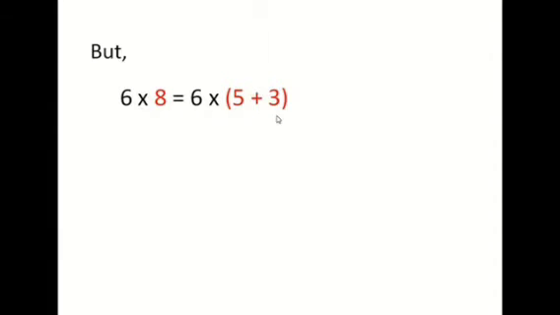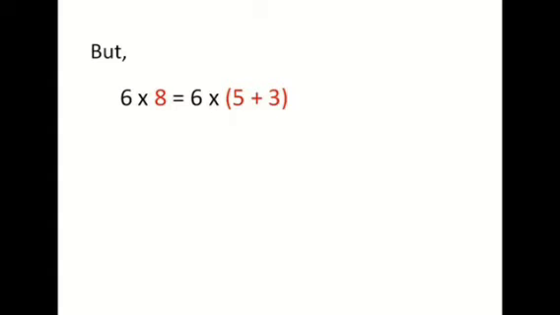So when we have counted the total number of squares for 6 into 8, is it equal to 6 into 5 plus 6 into 3? I have asked you. If you have counted, I feel you are very clear that they are equal. So we can write 6 into 8 is equal to 6 into 5 plus 6 into 3.